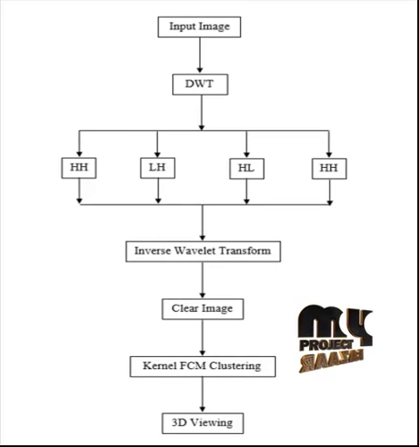Let me show the flow of the process. The input image is first subjected to wavelet decomposition. The wavelet decomposition splits the image into four coefficients, and these four coefficients are derived from the image pixels of the original image.